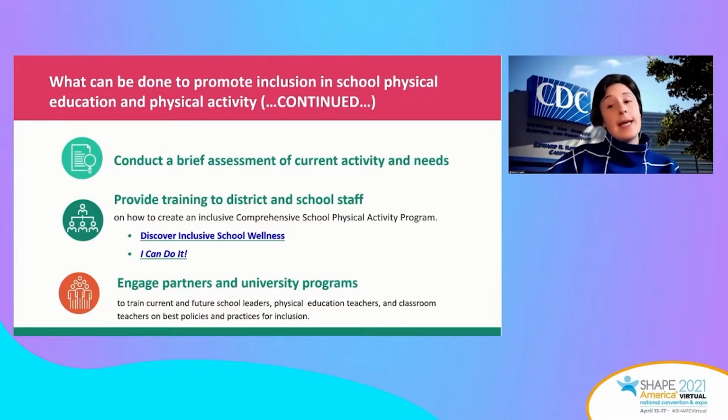It is designed to collect information about healthy living resources and the degree to which they are inclusive. Fifth, provide training to district and school staff on how to create an inclusive comprehensive school physical activity program to ensure that physical activity opportunities are accessible and inclusive before, during, and after school.